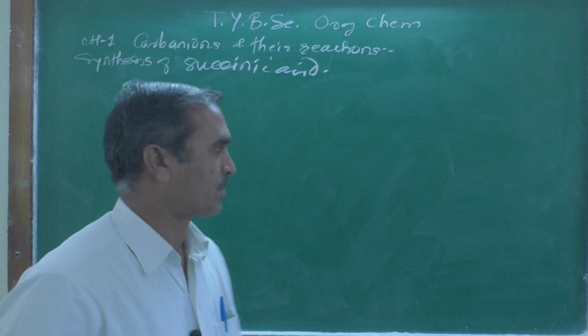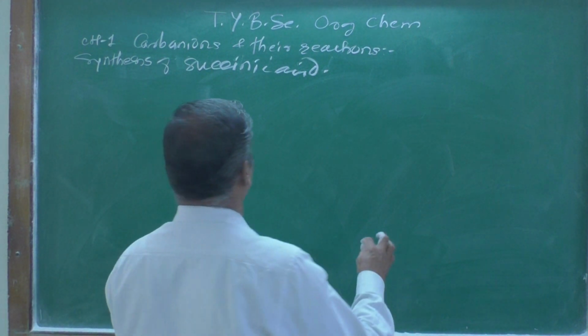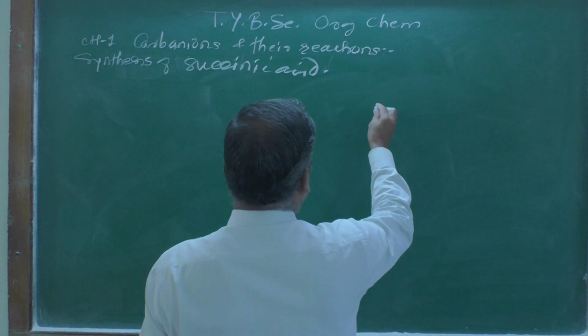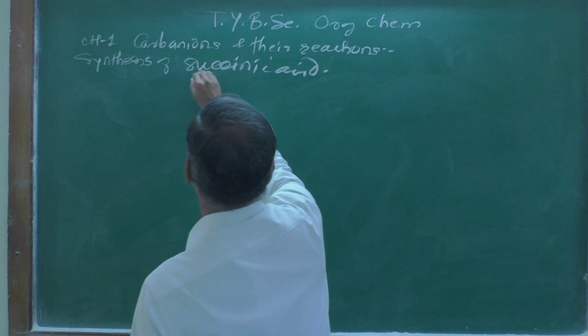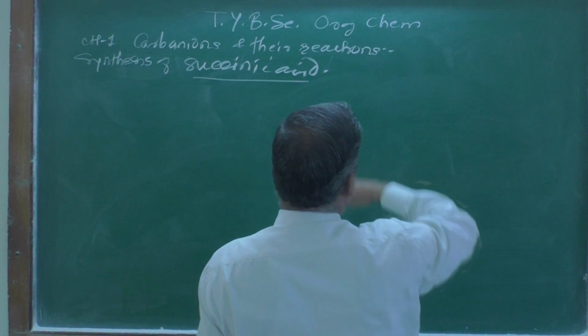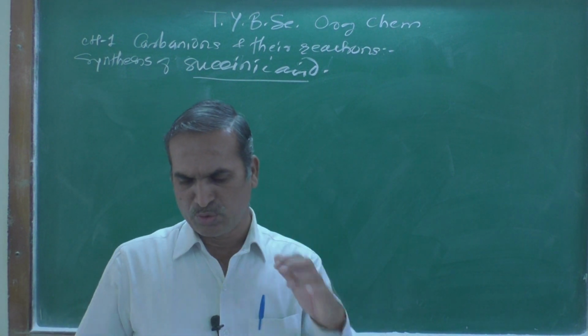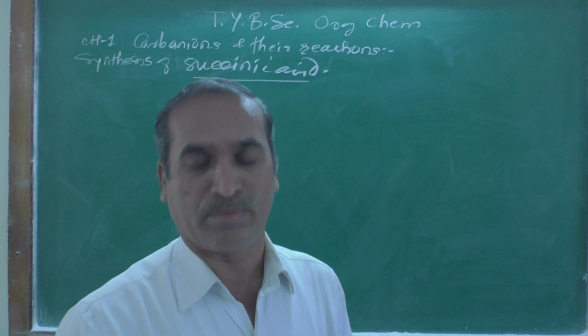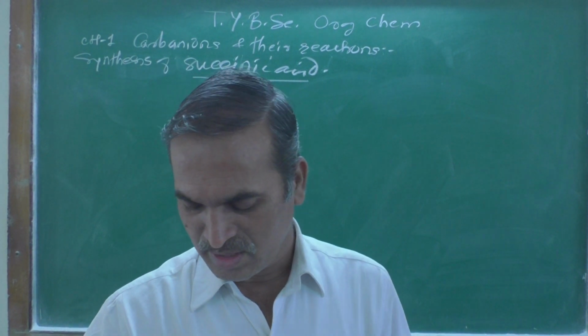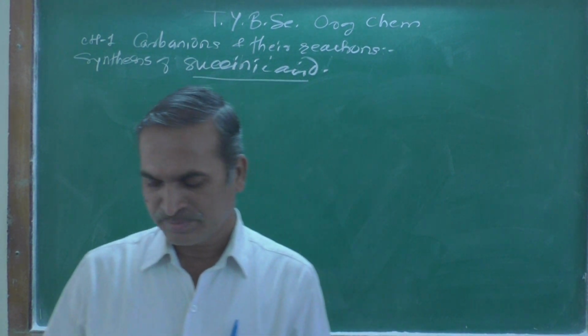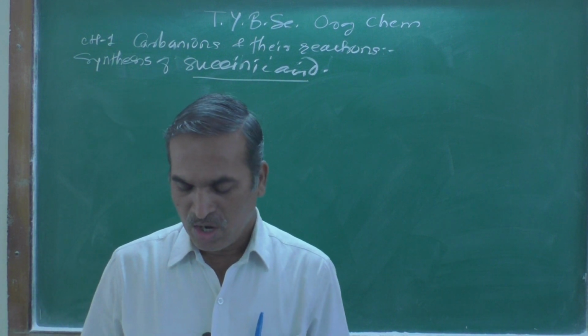You know that there are various acids, and generally we are using succinic acid. If you know the structure of succinic acid, then you will be able to synthesize that compound in the laboratory.